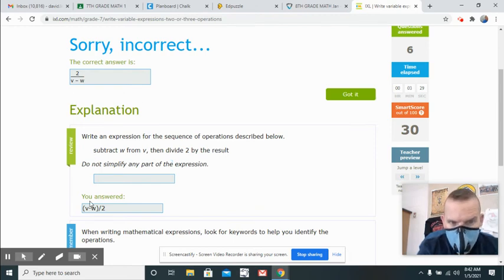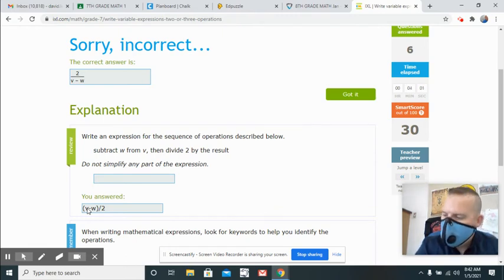Technically, the computer is wrong because let's just say v is 10 and w is 2.